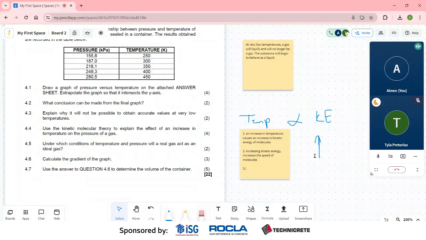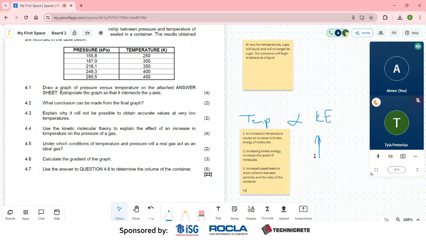Okay, point number three is that when molecules are moving at a higher speed, this increased speed leads to more collisions between molecules or particles and other molecules, as well as particles and the sides of the container.